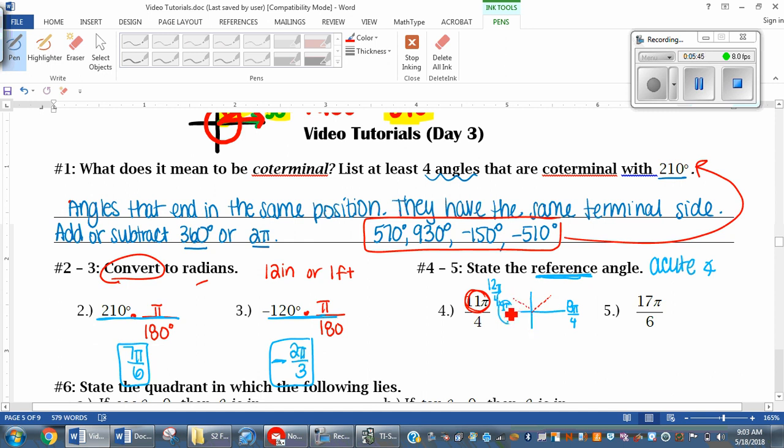So if this is 12 pi over 4 right here, then the one right before it is the 11 pi over 4. All I'm doing now is finding this acute angle that I'm highlighting. I do 12 pi over 4 minus 11 pi over 4, and I get pi over 4.